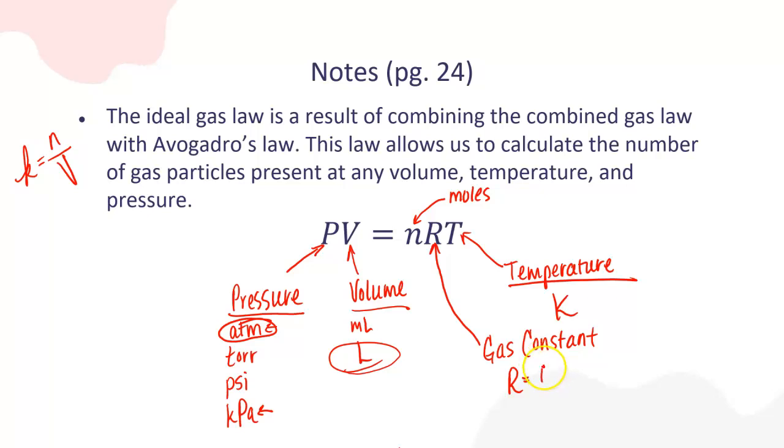It's 0.08206 atmosphere liters over mole Kelvin. And because we don't have a lowercase k, we are actually using an R. And this is true for any ideal gas as long as it's got these units.